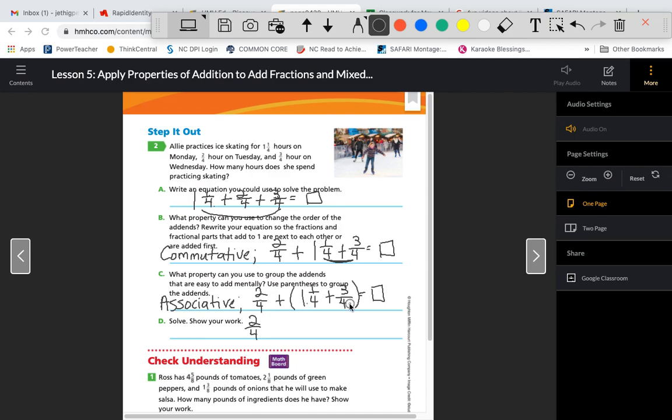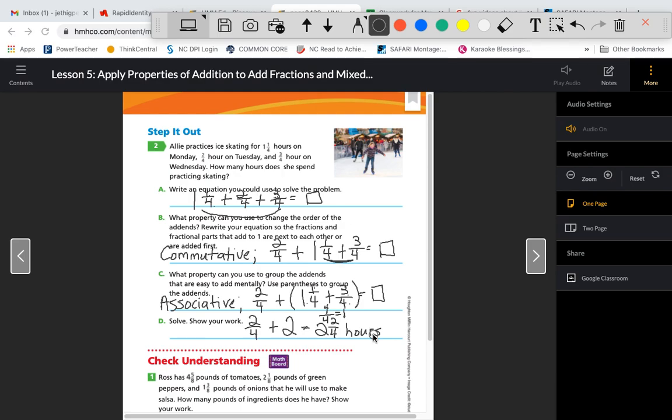We have 1 1/4 plus 3/4. Well, we know that when we add 1 and 3, that gives us 4, and we have a denominator of 4. So we know that 4/4 equals 1 whole. So now we're going to add our whole numbers together. So we have 1 and 1 makes 2. So we're going to say 2/4 plus 2, and our answer would be 2 2/4 hours.